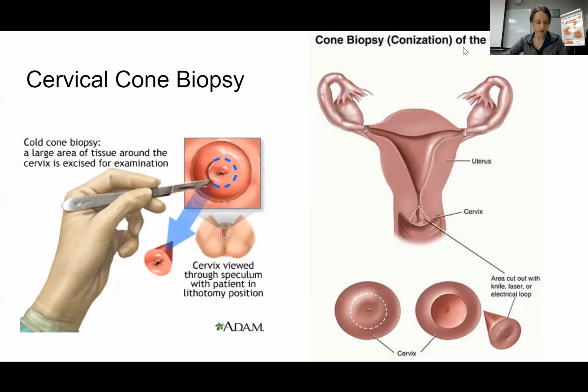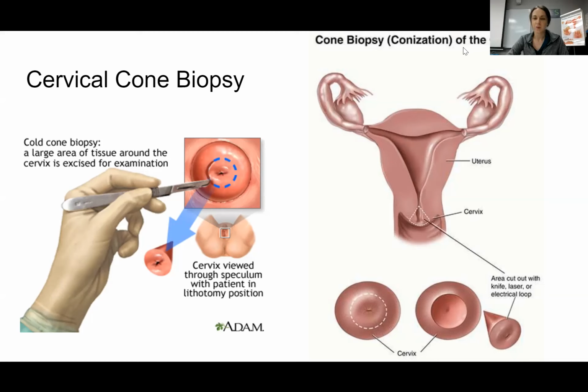So find in your book where it says cervical cone, and then it says cold in quotes. So it says cold for a reason, and I'll separate the cold from the hot. So cold cone biopsy. So a large area of tissue around the cervix is excised for examination, and hopefully you understand the name now because it is cut out in the shape of a cone.